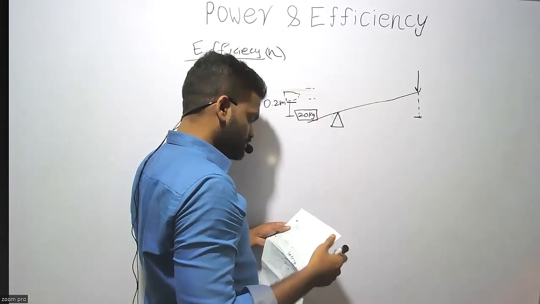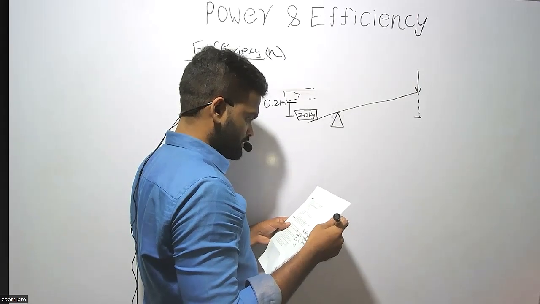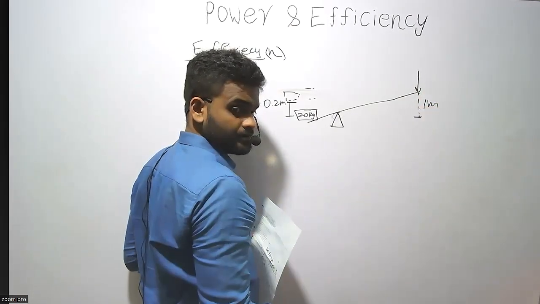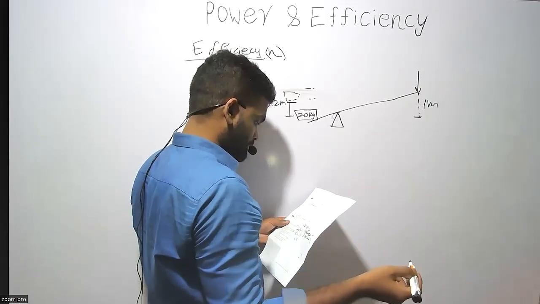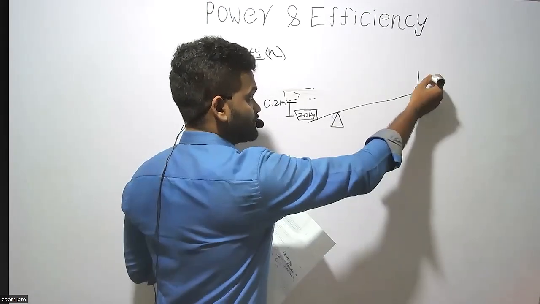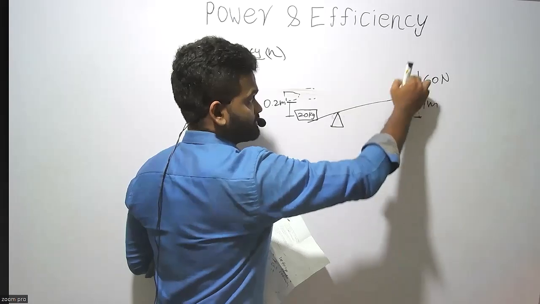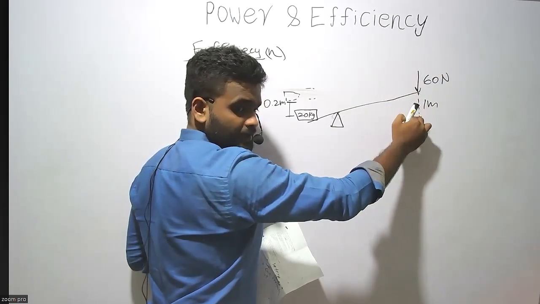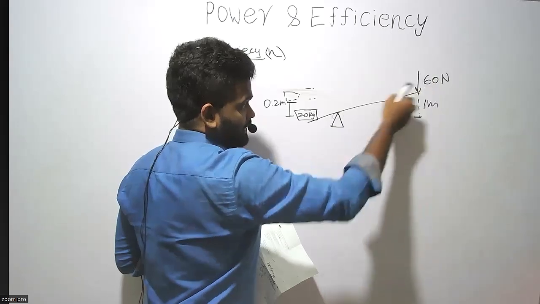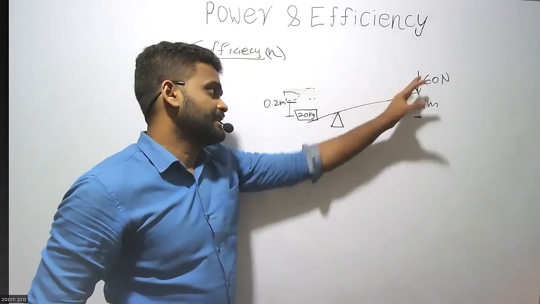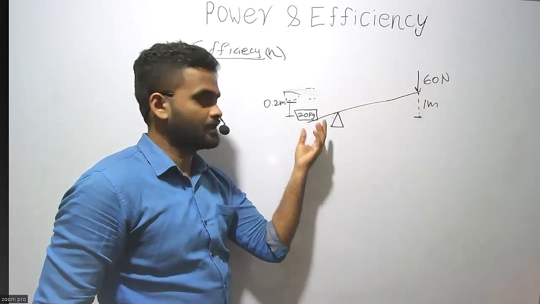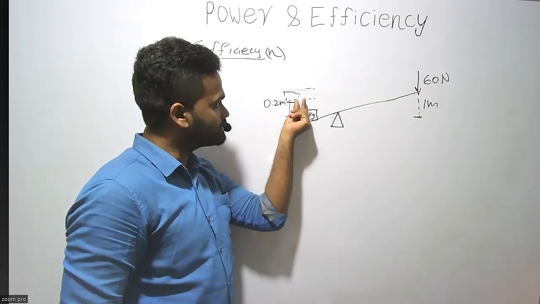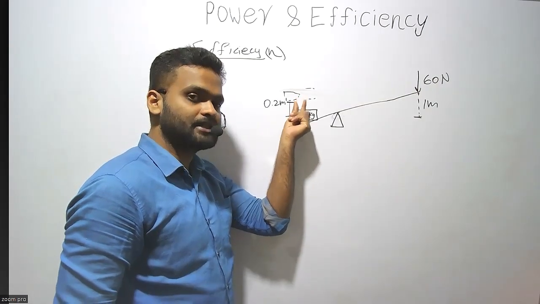But in order to do that, he has to move this lever 1 meter distance by applying a force of 60 Newton. So this is the supplied work or supplied energy by the man. The machine is the lever. The output work is this 20 kilogram being lifted up to 0.2 meters.